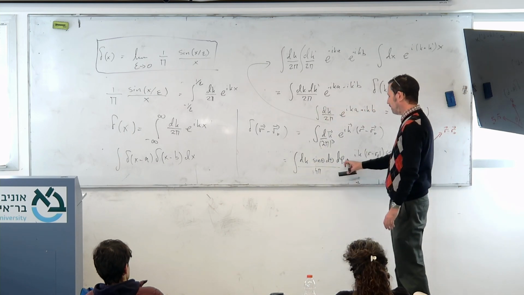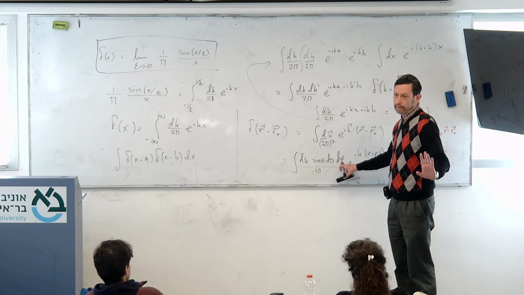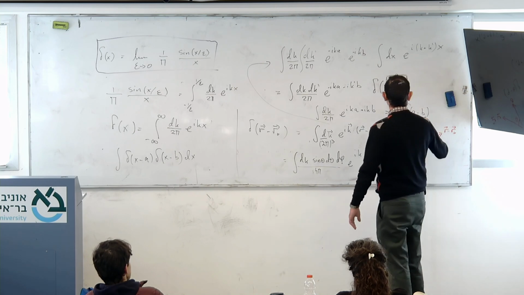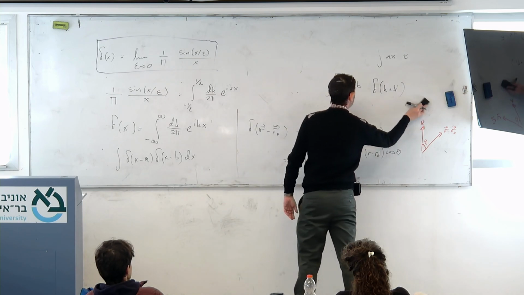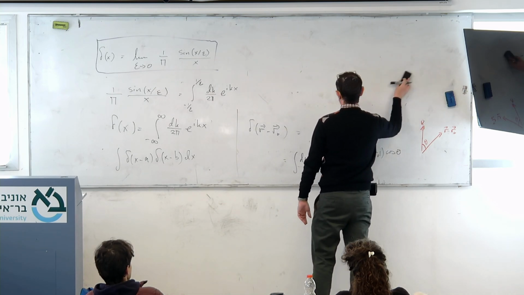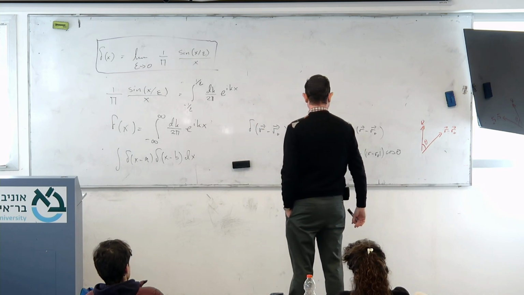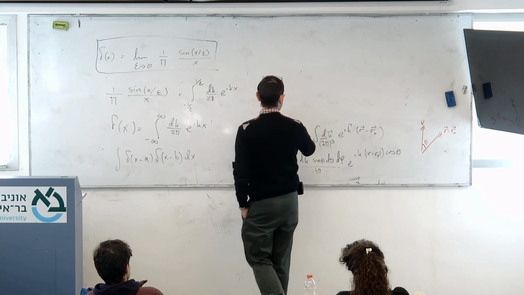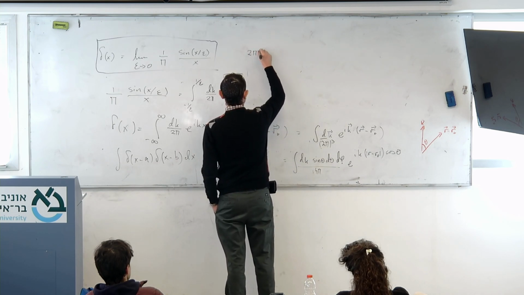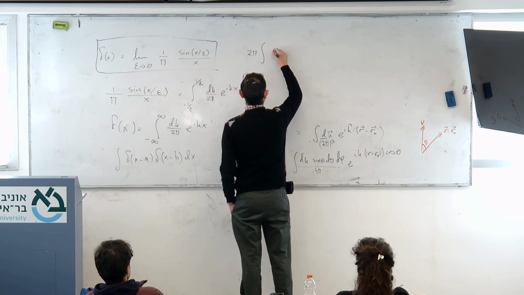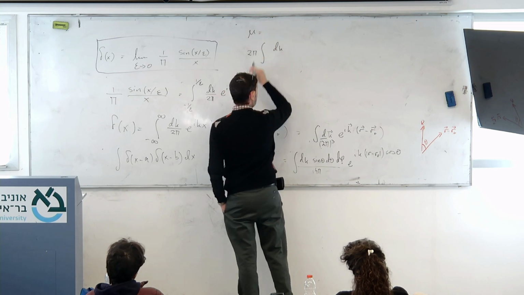First the integral over the angle gives 2 pi. And I want to use mu.